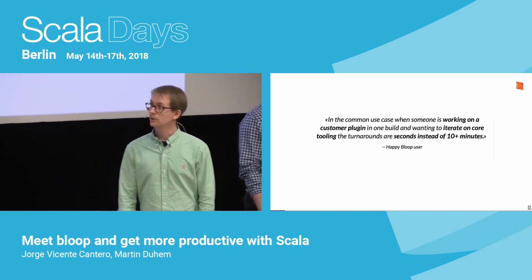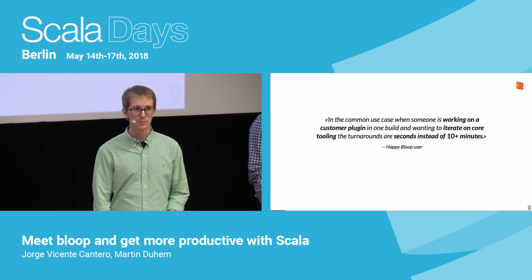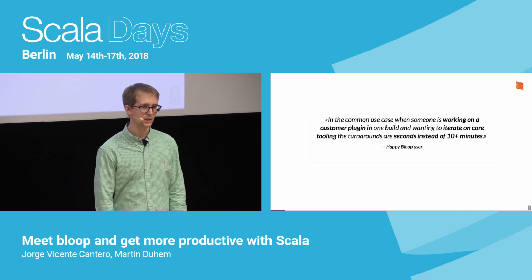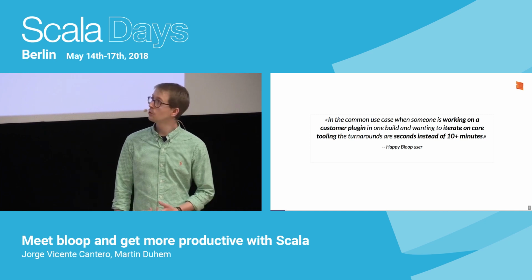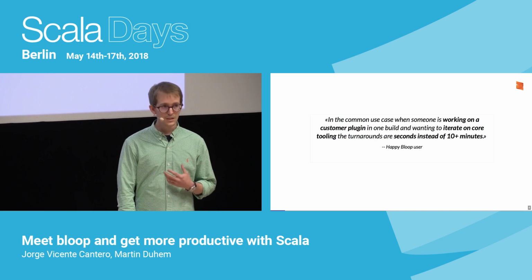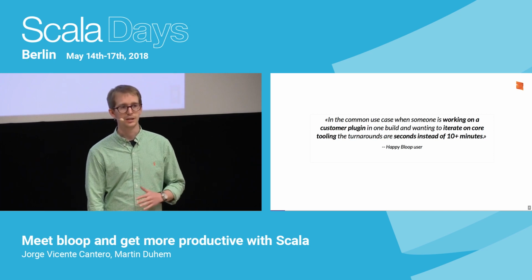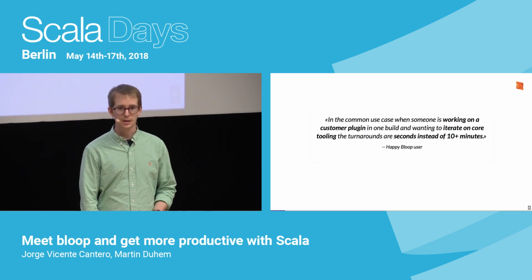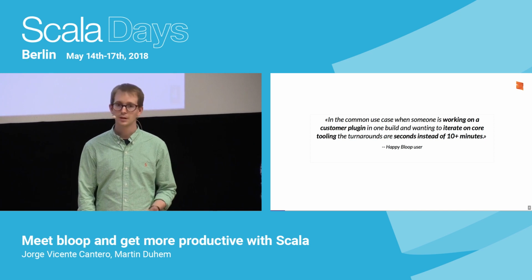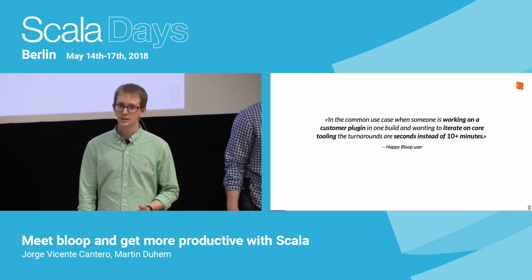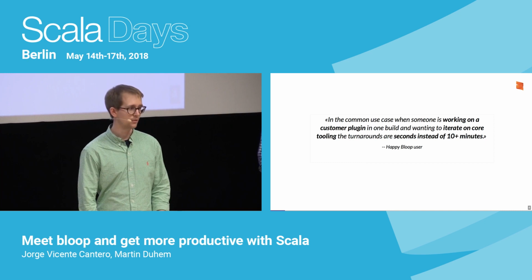This is a quote that we got from a happy Bloop user. He came back on our GitHub channel and told us what they did with Bloop. They had an application with many layers, where they had base libraries that they would build upon, so that in the end they had a plugin system that they would deliver to the clients.